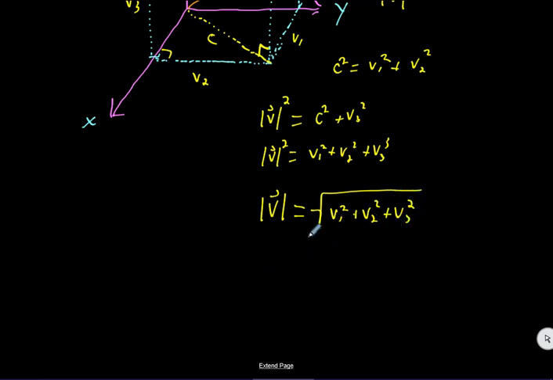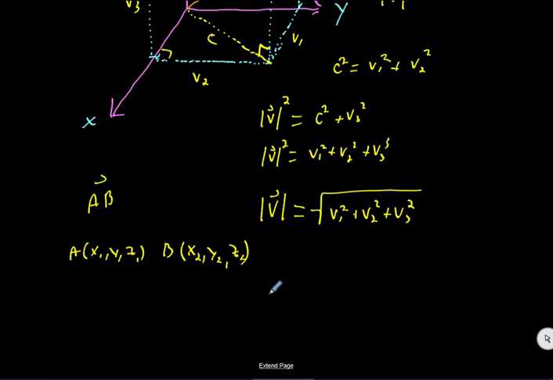Then we can find the distance. Let's say we have a vector AB, and A has the point x1, y1, z1, and B has the point x2, y2, z2.